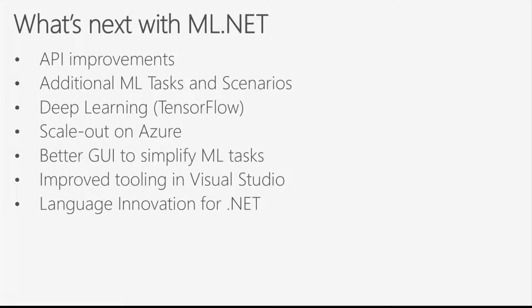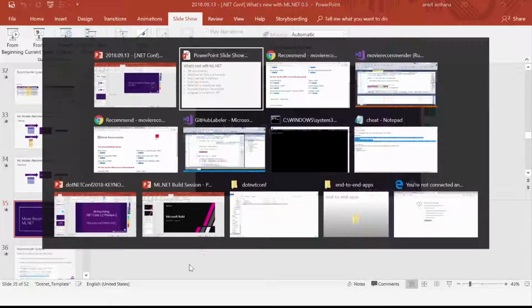We're going to add deep learning with TensorFlow. We're going to provide a UI in some time, which will allow you to simplify some of these tasks, and we'll innovate both the languages, C# and F#, for machine learning, and also improve the tooling that we have in VS here.